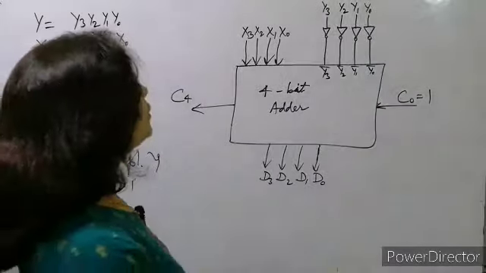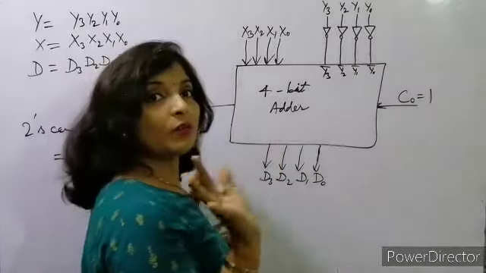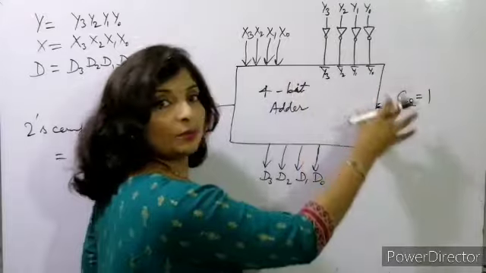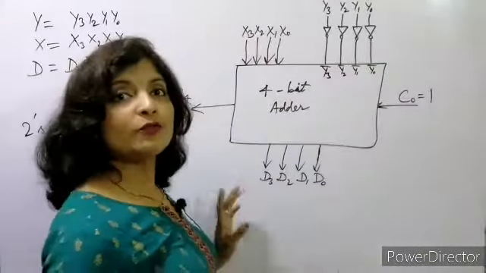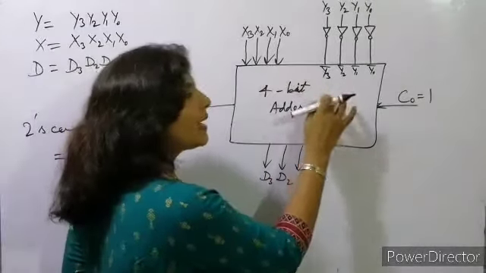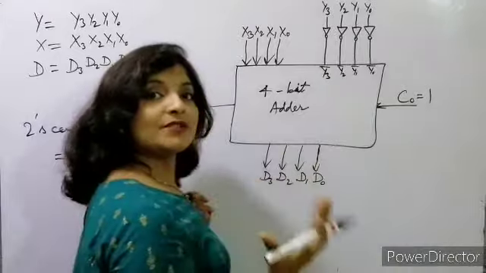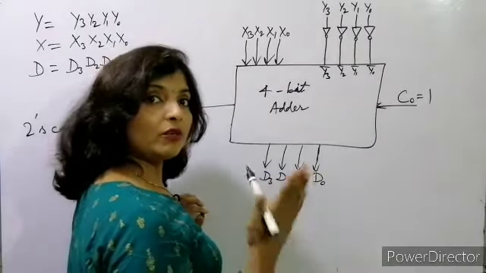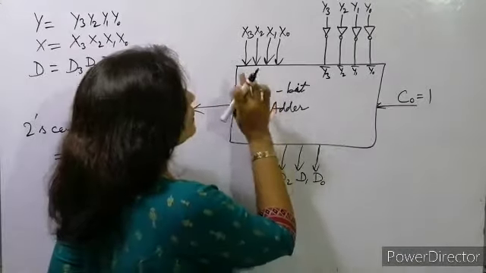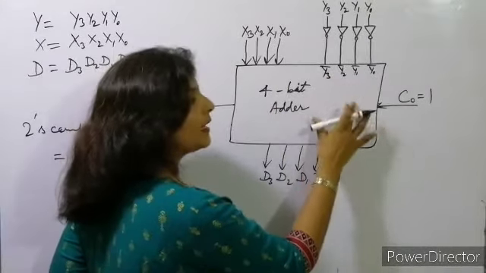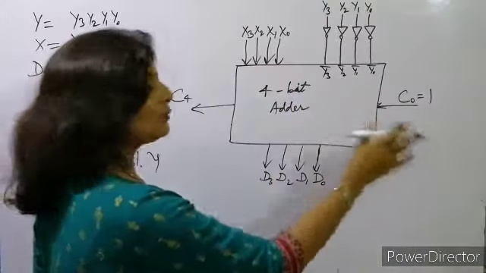Here we are using an adder. In a subtractor we took x, y and b, so it was x minus y minus b, but in case of a full adder, it is x plus y plus c, right? So we have taken the inverter because we have to find the complement of y, and then we'll add 1, and get the 2's complement of y. So x plus y bar plus 1. Since it is an adder, there will be 3 inputs and 2 outputs.